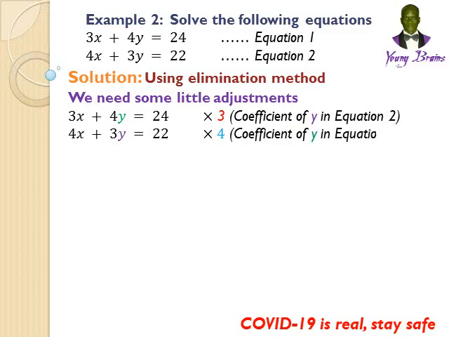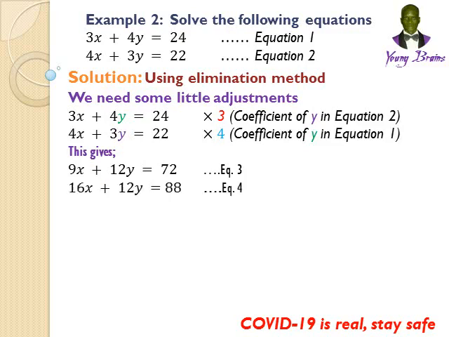So we have 3x plus 4y equals 24 times 3, which is the coefficient of y in equation 2, and 4x plus 3y equals 22 times 4, which is the coefficient of y in equation 1. This will now give us 9x plus 12y equals 72, equation 3, and 16x plus 12y equals 88, equation 4.